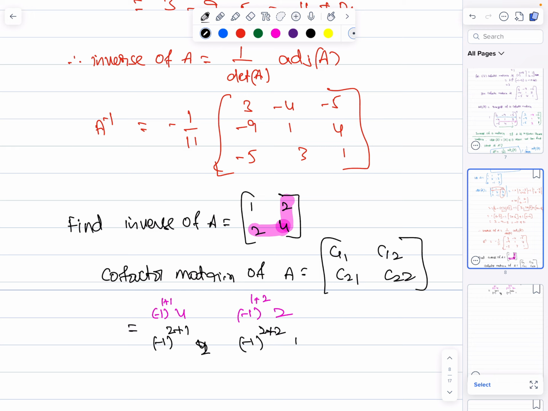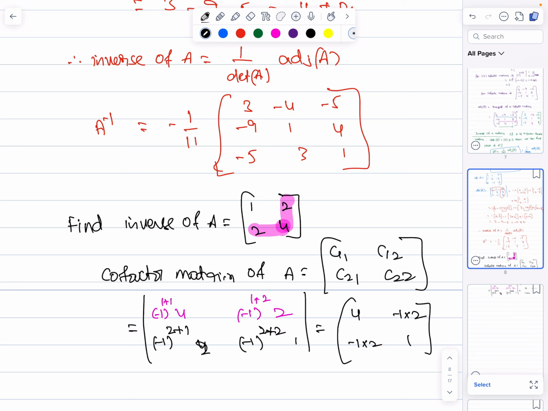If there are more elements, then you have to go by the determinant of the rest of the elements. It is a continuous process. So -1 squared is 4, -1 cubed is -1 into 2, then -1 to the power 2 plus 1 is -1 into 2, and then -1 to the power 4 is plus 1, that is 1.